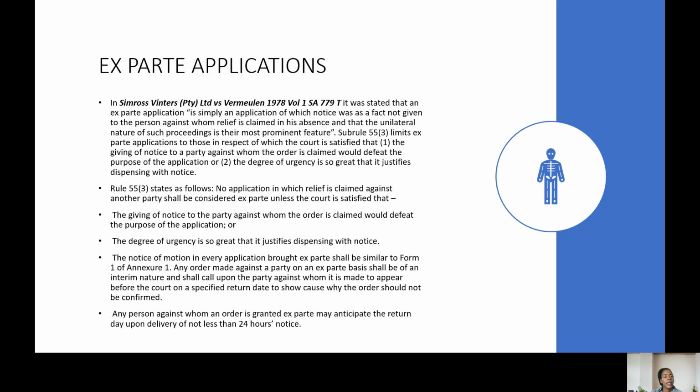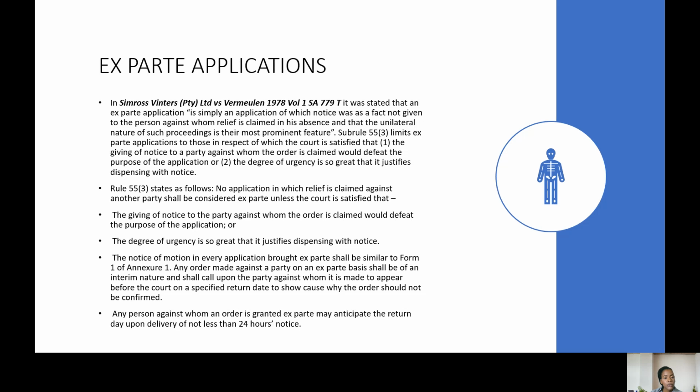Now let's look at ex parte applications. In the case of Simros Ventus versus Verulam, it was stated that an ex parte application is simply an application of which notice was, as a fact, not given to the person against whom the relief is claimed, in his absence, and that the unilateral nature of such proceedings is their most prominent feature.